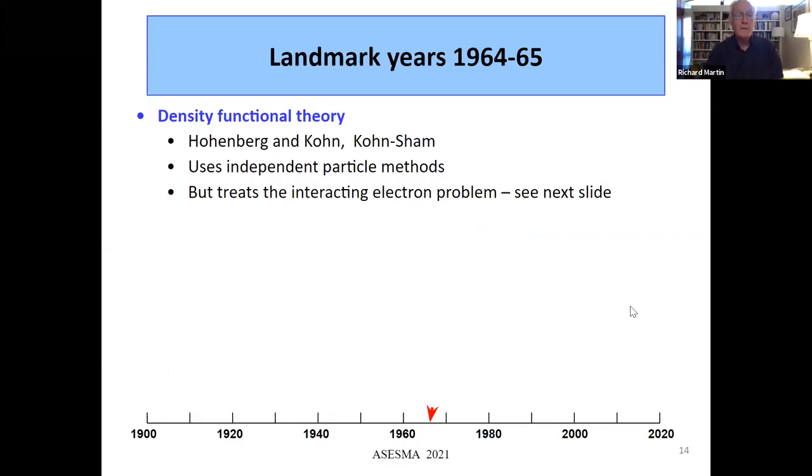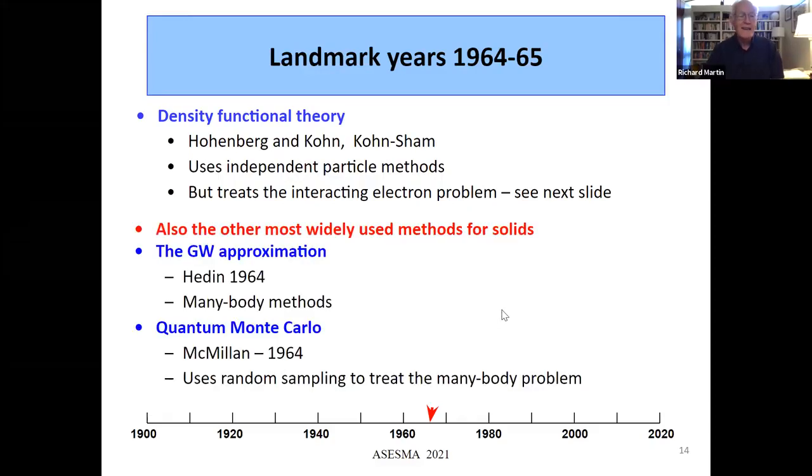There was some landmark work that occurred in 1964 and 65. One of them was the density functional theory. This is what we talk about in the rest of the lecture, and it is what's become the method that has had such a great effect.